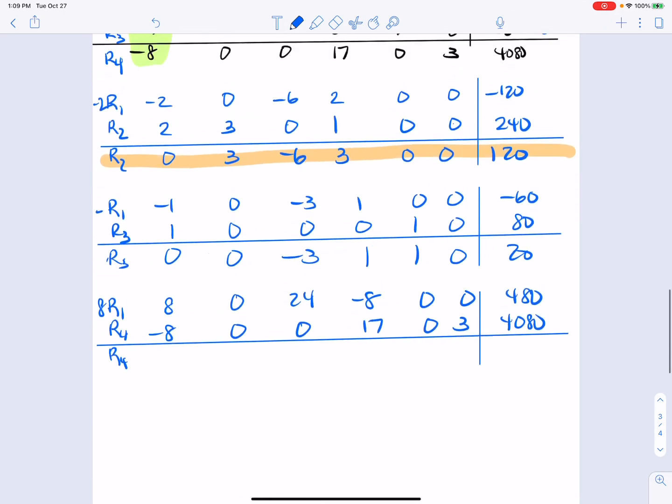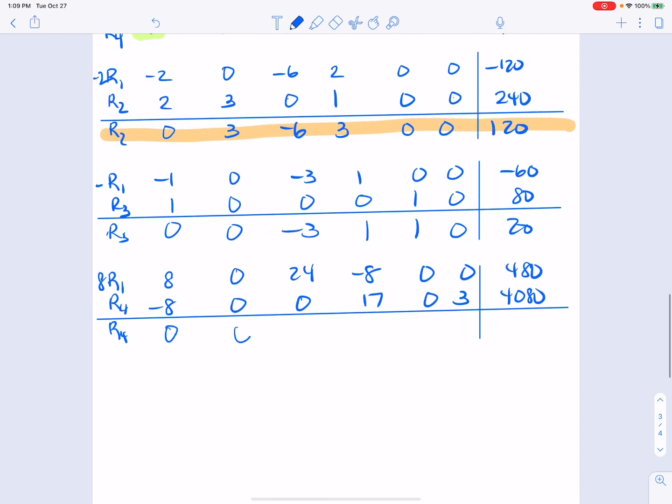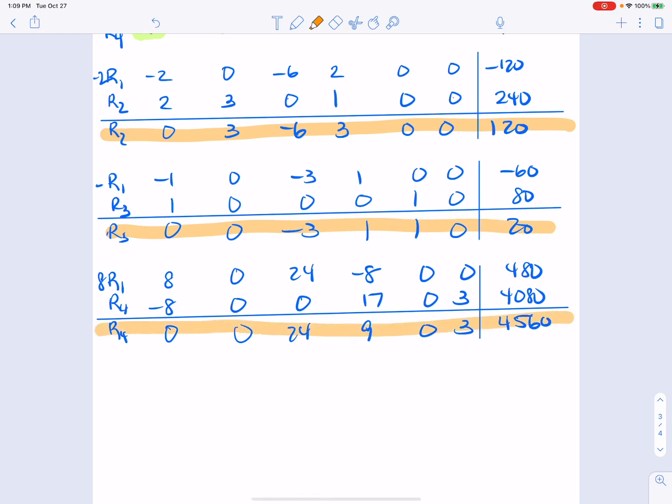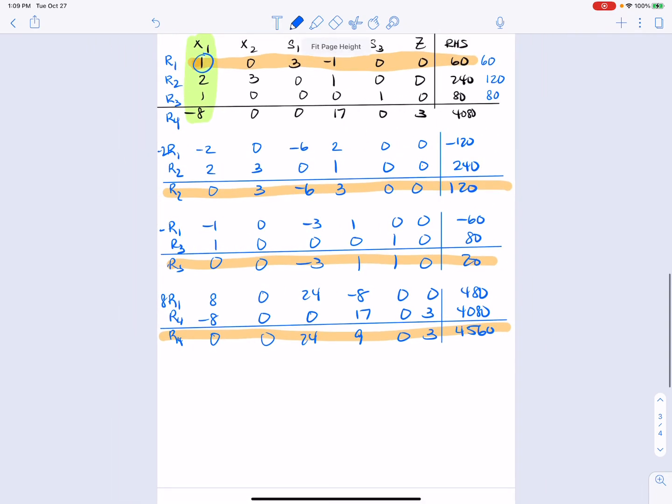And adding those together, we get 0, 0, 24, 9, 0, 3. And that looks like 4560. So, new R3, new R4, and good news is R4, notice, has no negative entries. We are done after we put this all together.